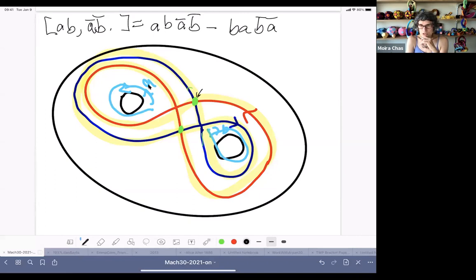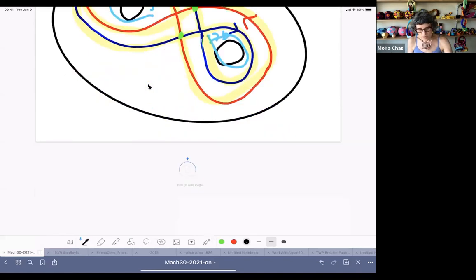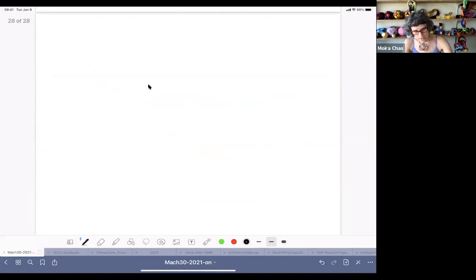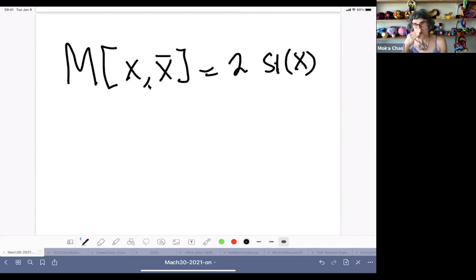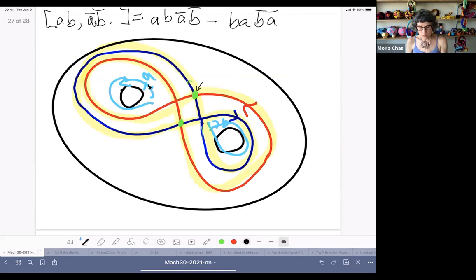But if you have a curve that intersects a lot, it turns out, and this is experimental, not proven, that M of X, X bar, the number of terms, is 2 times the self-intersection points. Let me tell you, the minimal number of self-intersections of X.